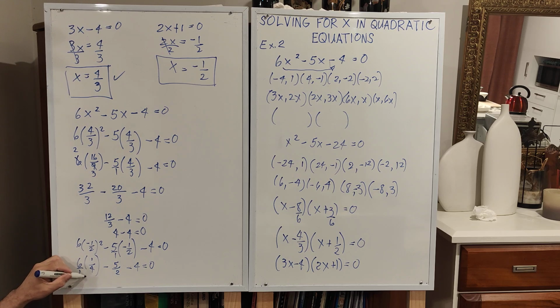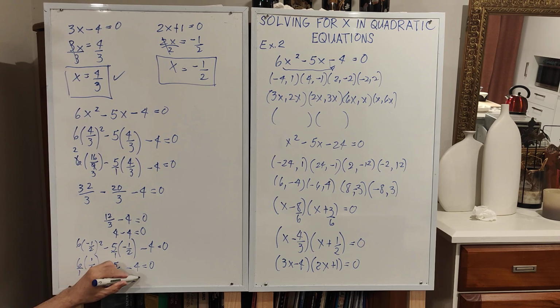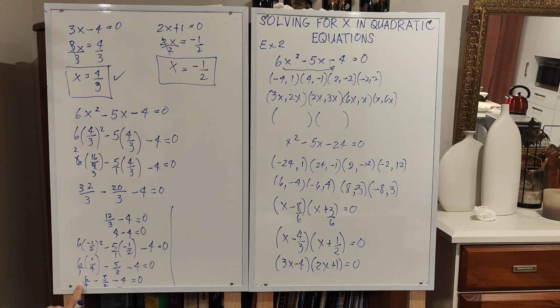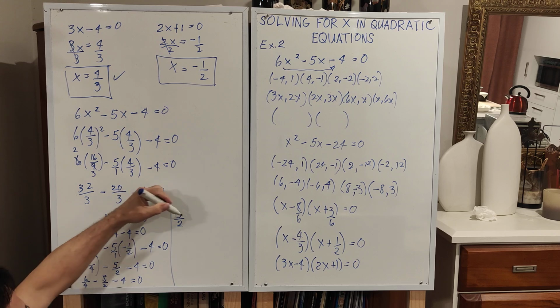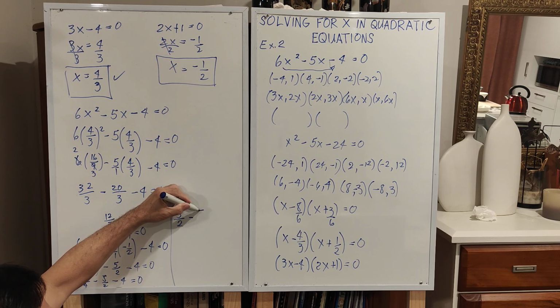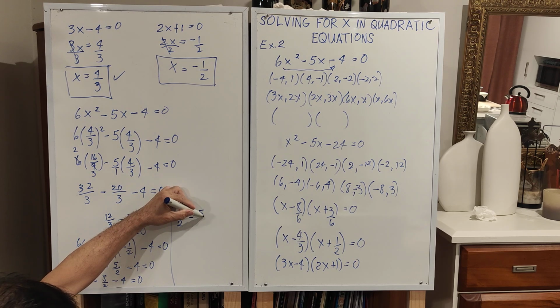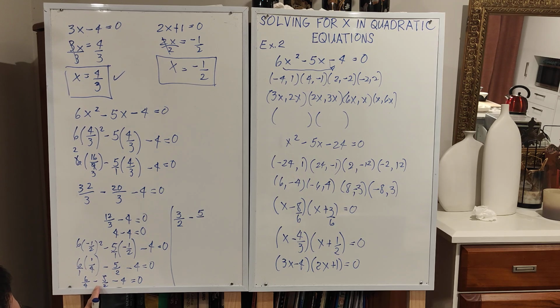So 6 times 1 is 6 over 4 minus 5 over 2 minus 4 is equal to 0. So 6 over 4, it becomes 3 over 2. 3 over 2 minus 5. Oh, sorry, this is times negative 1/2.